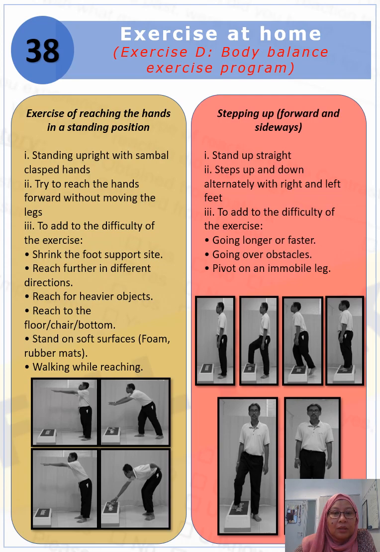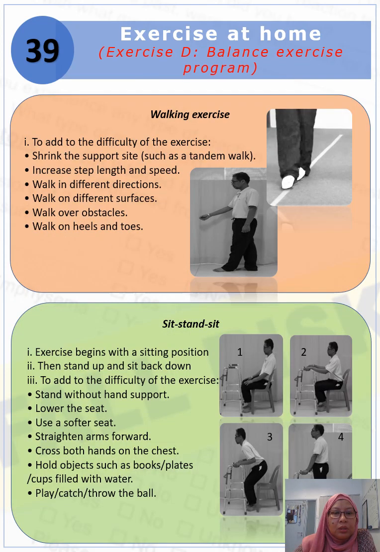Okay, so these are the balance training exercises of reaching the hands in a standing position, stepping up and down. You can use a low stool, walking exercises, tandem walk.